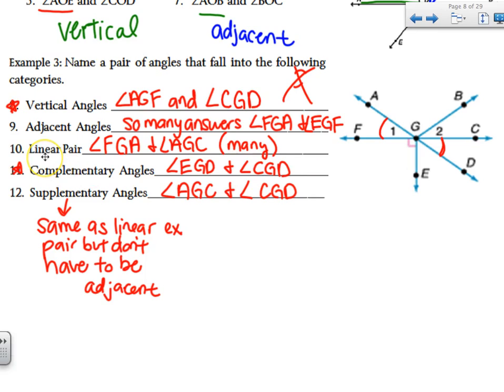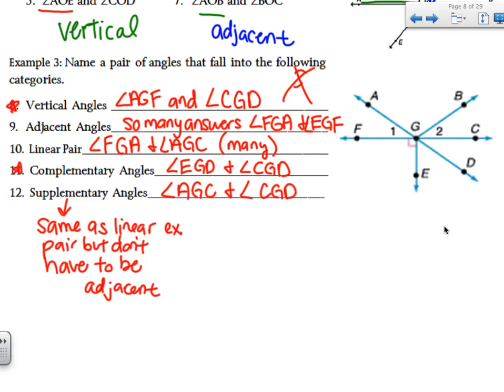So then you've got linear pair, and the difference between linear pair and supplementary, we know linear pairs have to be touching or sharing a side. So my example of a linear pair, I had FGA, so I had this angle, and then I had AGC. So then I had this one. So notice my final answer made a line, so a linear pair.